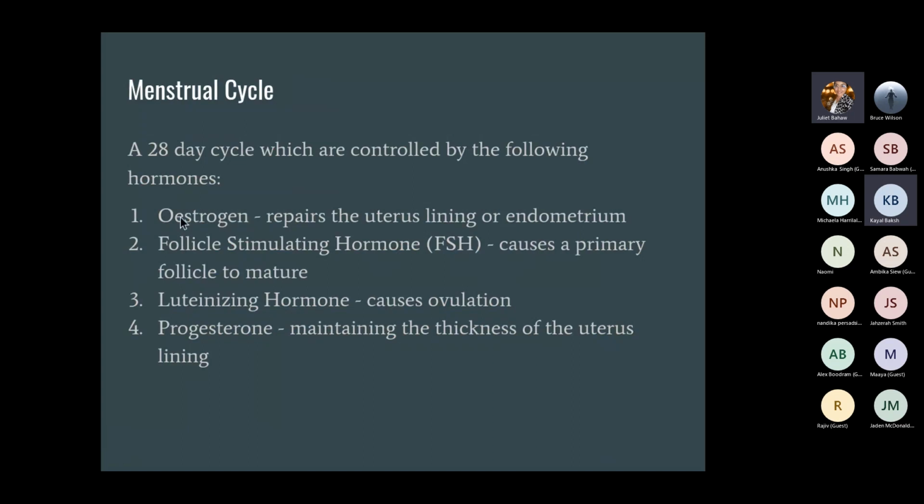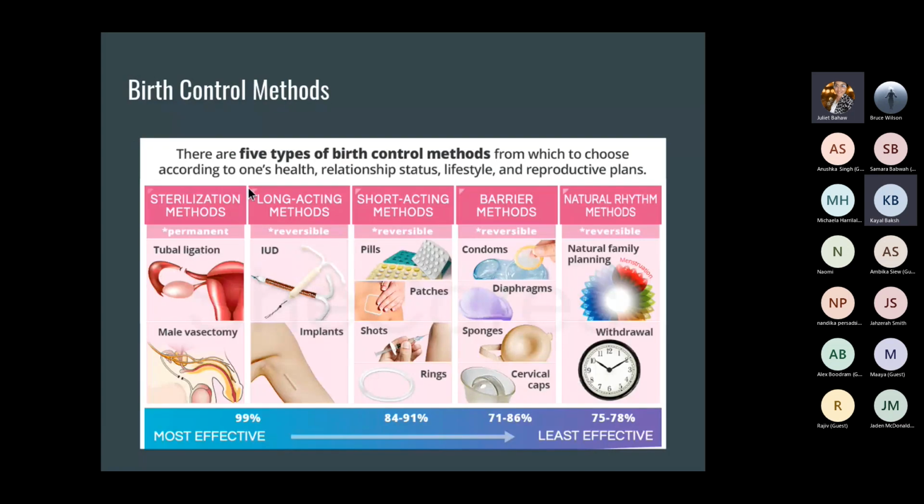If you're decreasing estrogen, then the uterus lining cannot repair, so there's no way a developing embryo could become attached to an unrepaired uterus lining. It also stops luteinizing hormone from being released, and if this hormone isn't released, then no egg can be released. So it controls these hormones to prevent ovulation and prevent the sperm from meeting the egg.